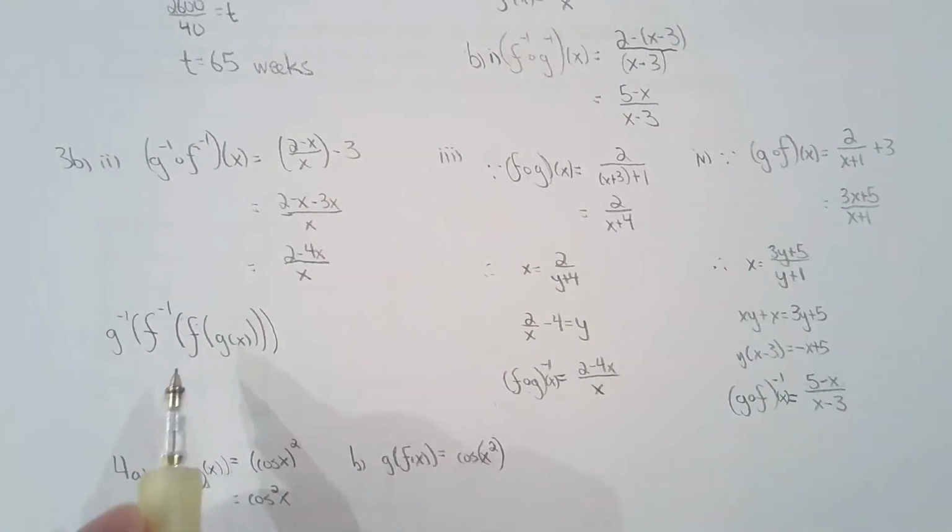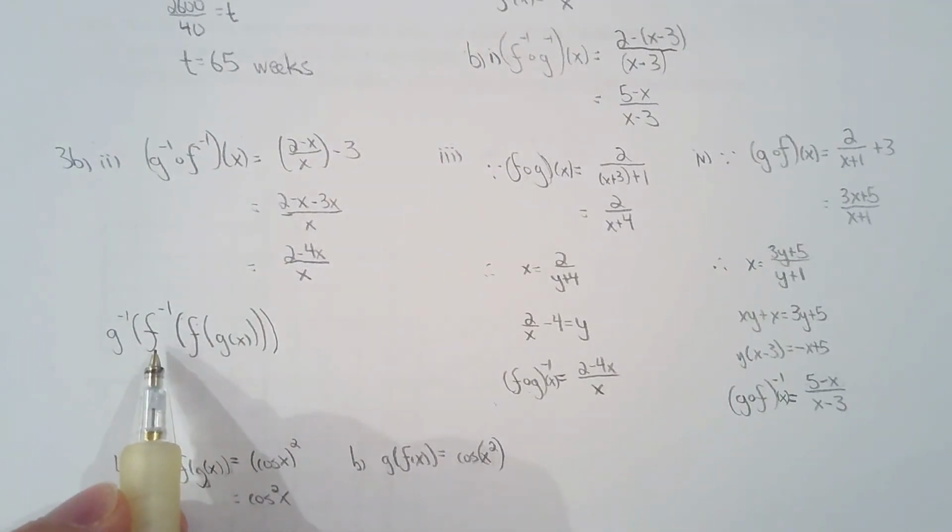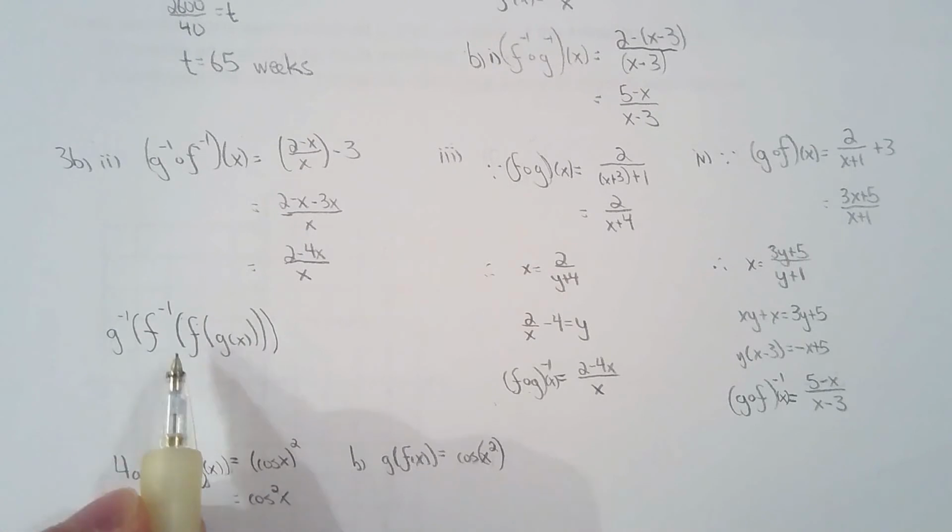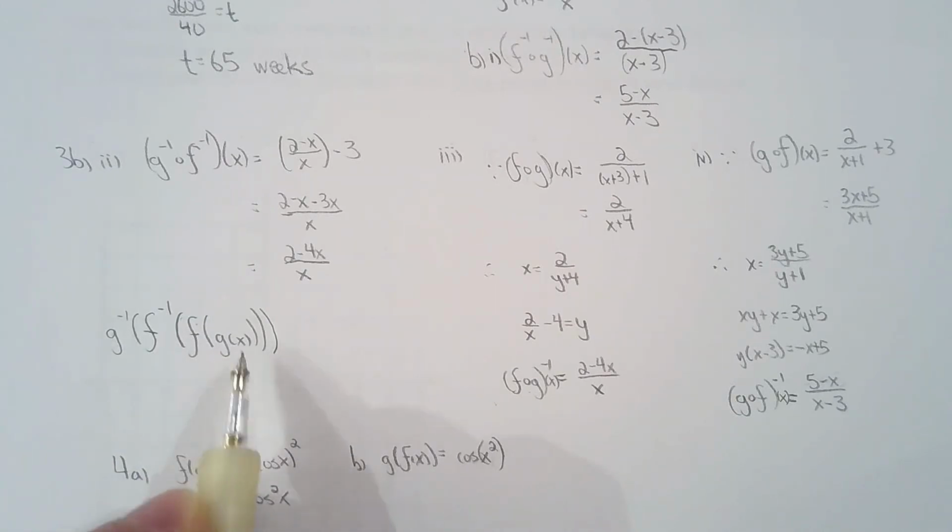Okay, so hopefully remember inverse of f and f, of course, they're inverses. So when I have a composition of two functions which are inverses, all I'm left with is the input value.